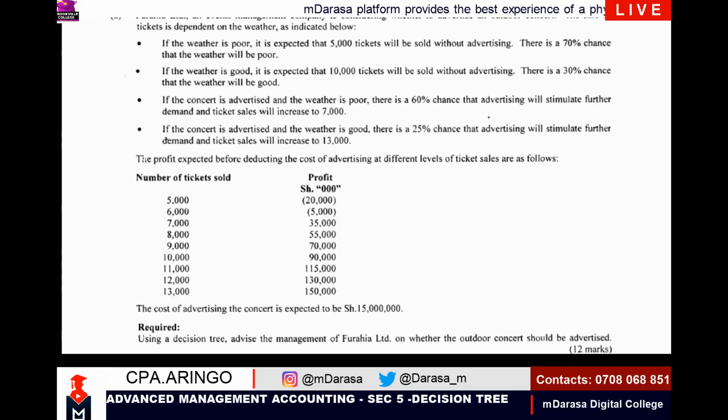The cost of advertising the concert is expected to be 15 million. In the event that we proceed and advertise, I'm going to incur 15 million.